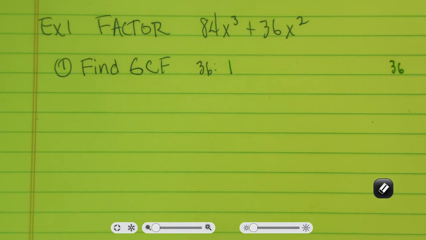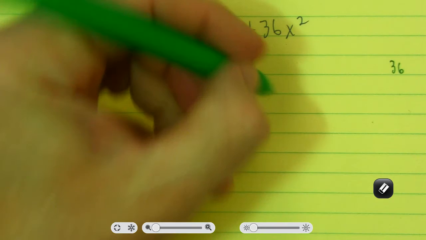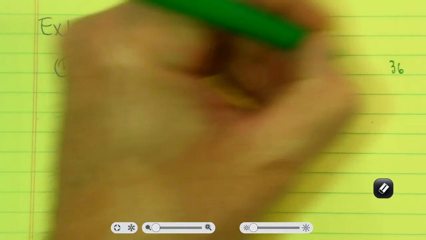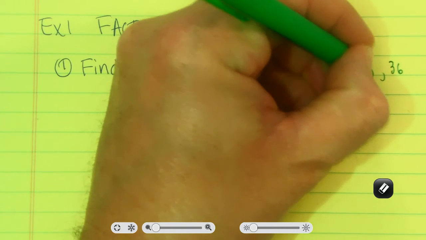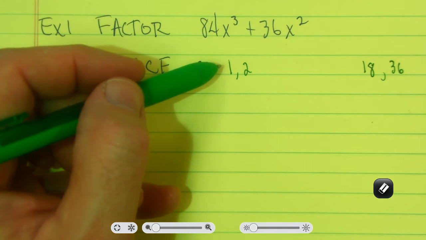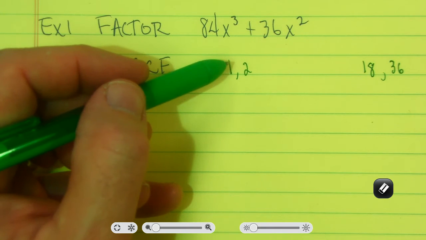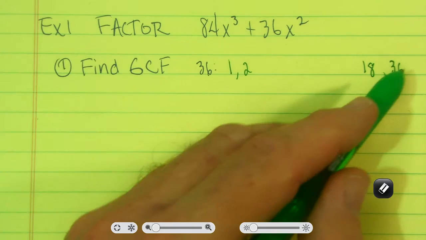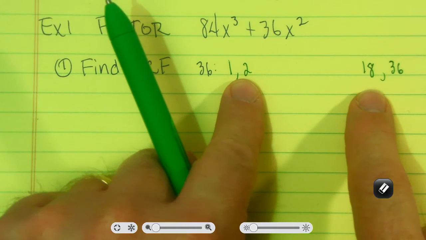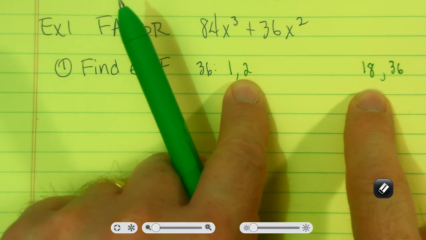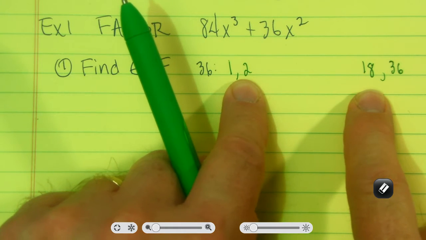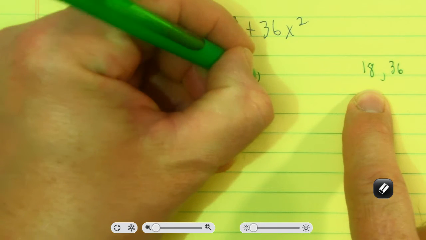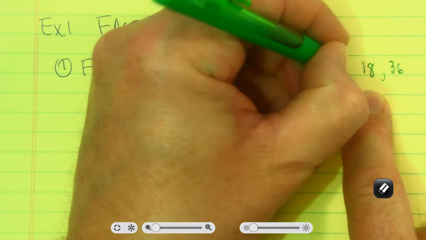Okay, now notice how I'm approaching. We'll start with 1. Now, 2 times 18 is 36. So what I'm writing down is simply things that multiply together to equal 36. So 1 and 36, 2 and 18, these are factors of 36. 3 times 12.